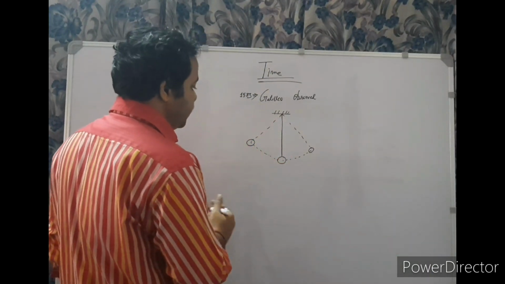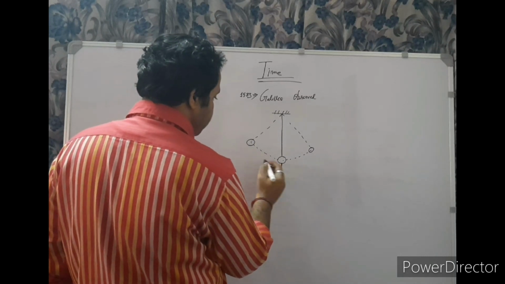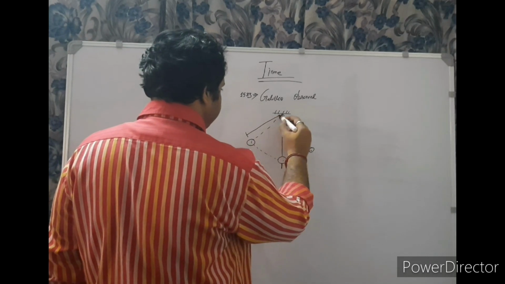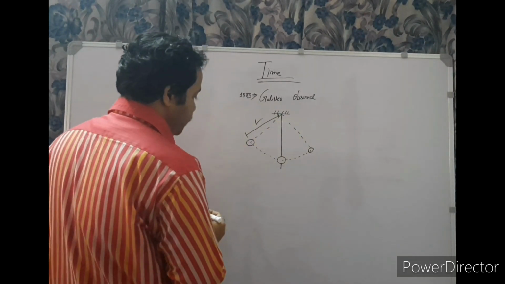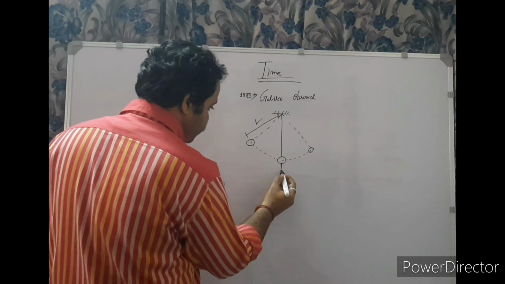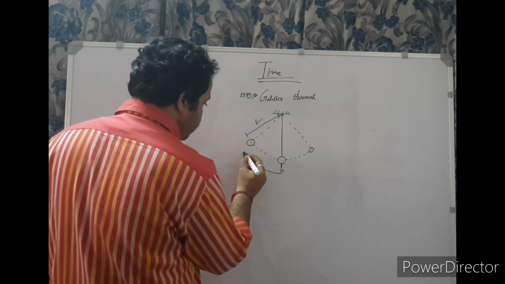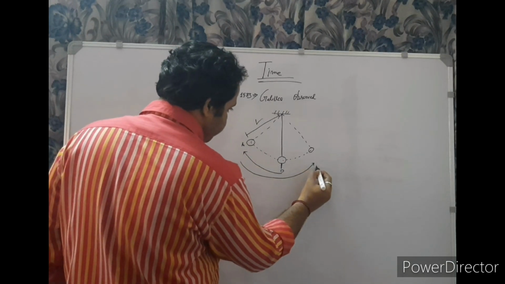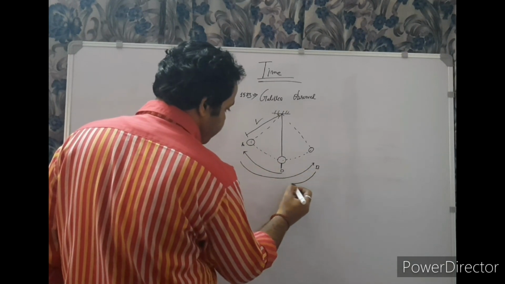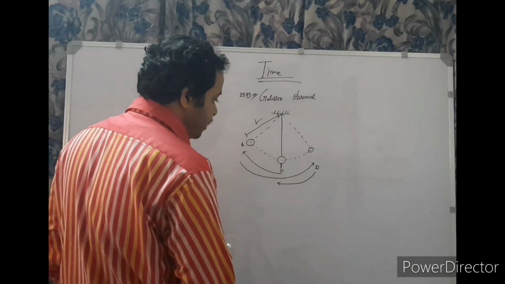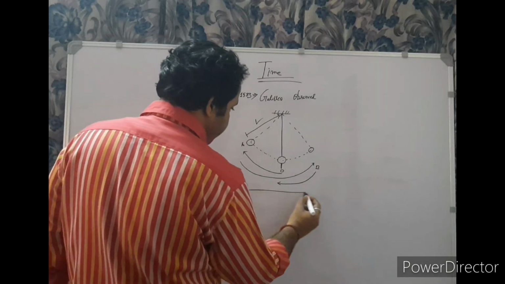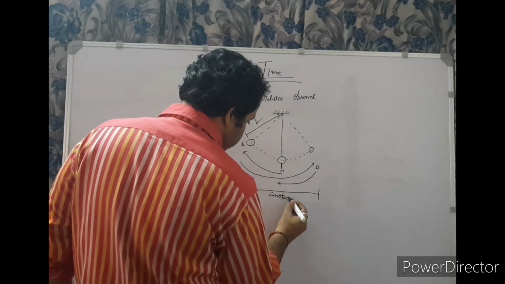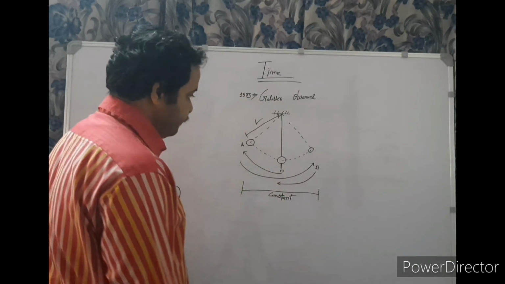So what it means is that the time taken for a particular pendulum having a constant length to move from the initial position to position A, then from A to position B, then from B again to the initial position, the total time taken is always constant.